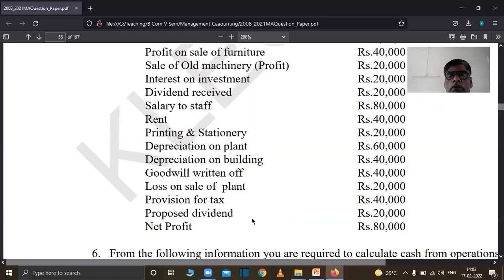Proposed dividend is non-operating. So you add these non-operating expenses. The non-operating and non-cash expenses include depreciation, goodwill, loss on sale, provision, and proposed dividend. You add these and less the 4 items, and you will get the fund from operation. You see the solution.